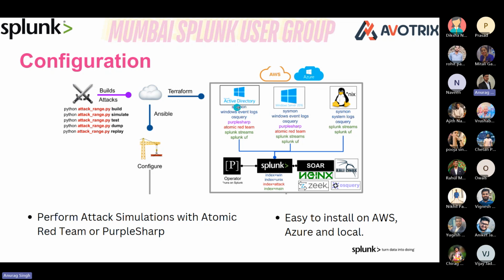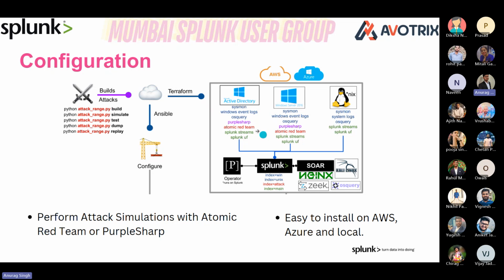You can see in this diagram Sysmon, Windows event log, osquery, PurpleSharp, and to populate the Active Directory with dummy or sample data, it uses BadBlood. That is another tool used to provide Active Directory objects, a tree and objects, filled up with n number of dummy users.